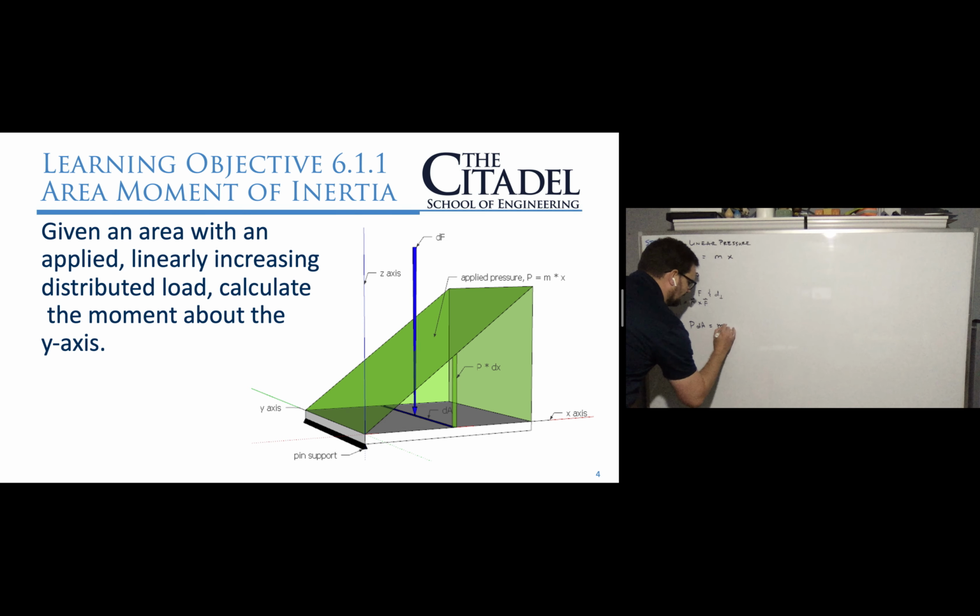And so P is mx. And so that's going to be multiplied by the differential area, like so. And our perpendicular distance, D perpendicular, is going to be equal to just x. So that's going to be the distance along this x-axis through here.